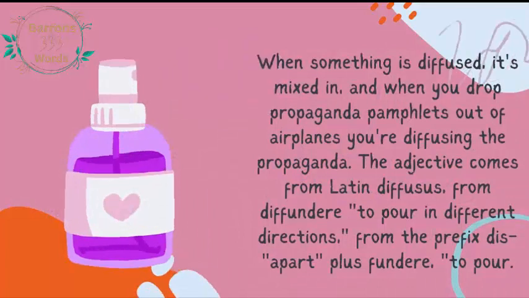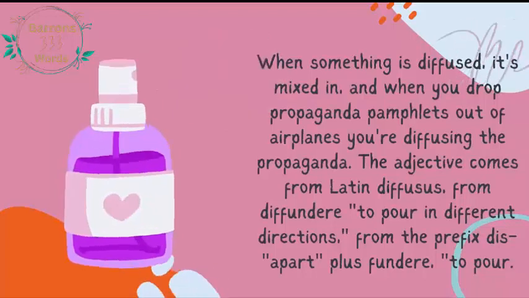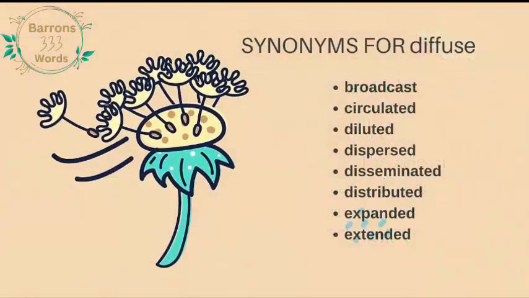When something is diffused, it's mixed in, and when you drop propaganda pamphlets out of airplanes, you're diffusing the propaganda. The adjective comes from Latin diffusus, from diffundere, to pour in different directions, from the prefix dis, apart, plus fundere, to pour. Synonym.